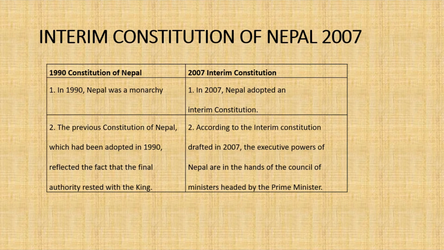In the year 2007. The previous constitution of Nepal, adopted in 1990, reflected the fact that the final authority rested with the king. According to the interim constitution drafted in 2007, the executive powers of Nepal are in the hands of the Council of Ministers headed by the Prime Minister. This is the difference between the 1990 and 2007 constitutions of Nepal.